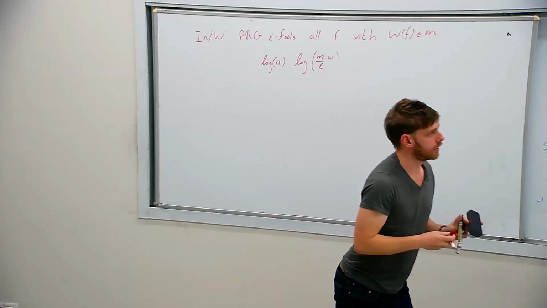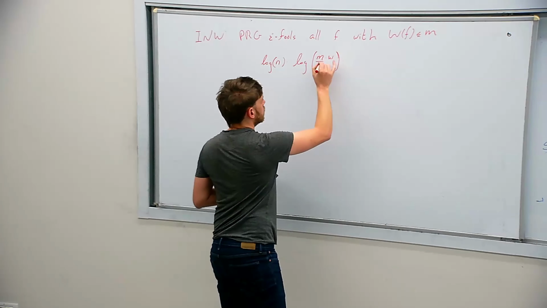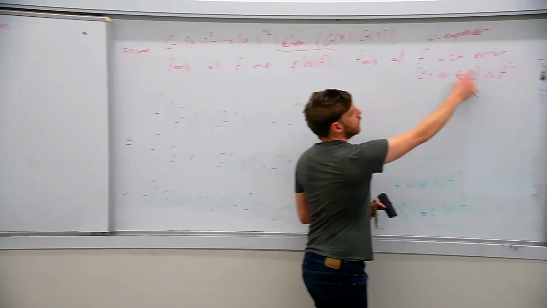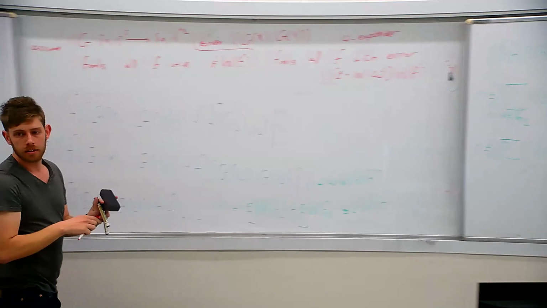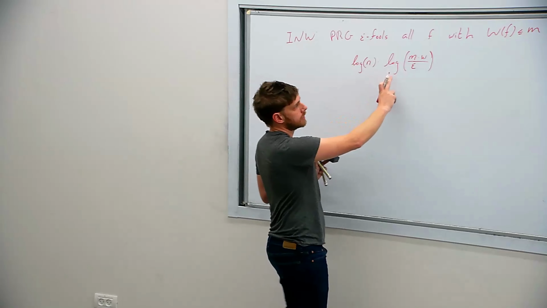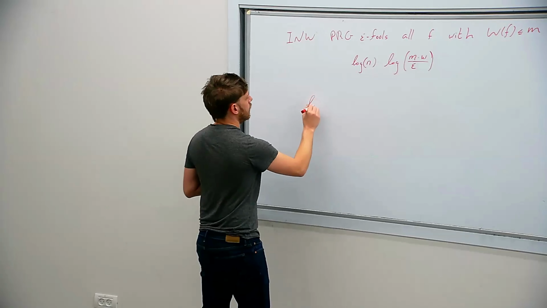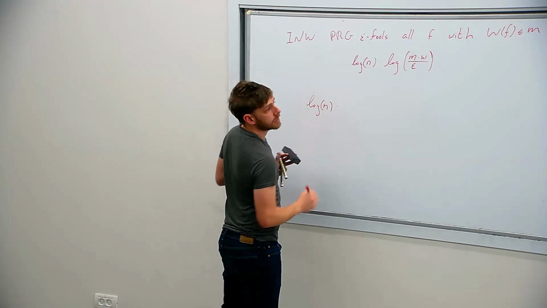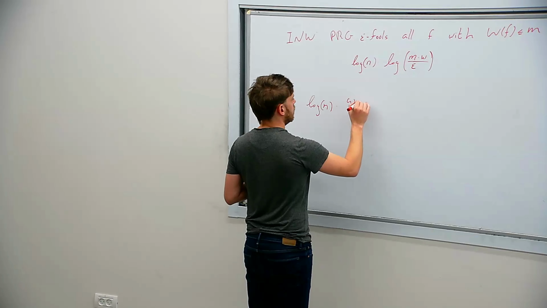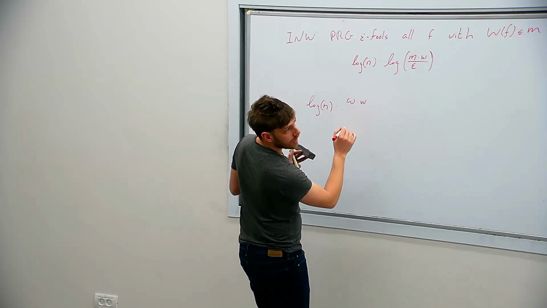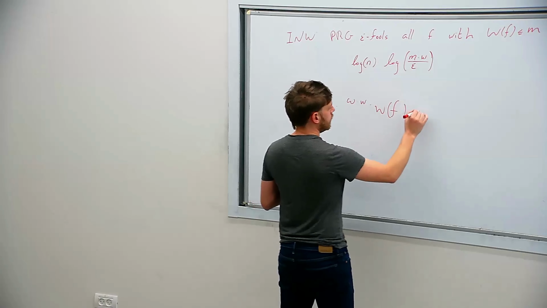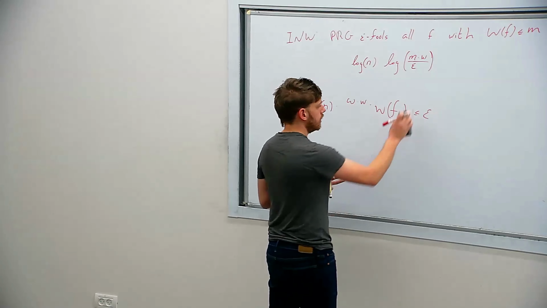So how does the error accumulate? In each step, we add an error of omega times W. So in the end, we have an error of log n steps, each step has omega times W times the weight of F. And we need this to be smaller than epsilon.